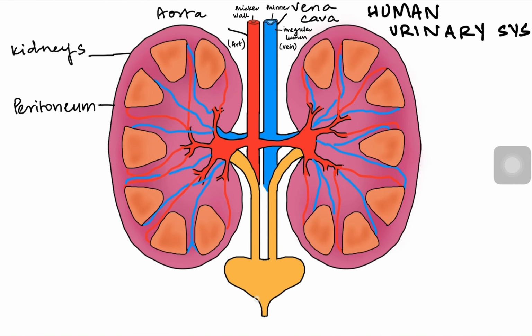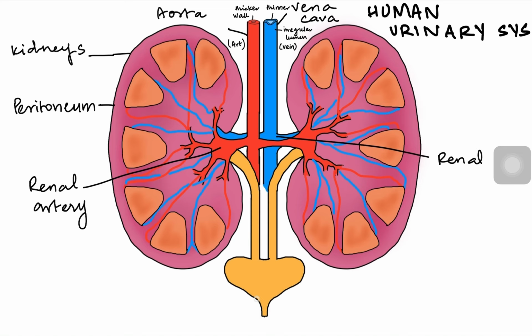So moving on, when we talk about the kidney, there is a renal artery which brings the blood from the aorta towards the kidney and towards each tissue or each region of the kidney. You can see this blue one, which is the renal vein. So renal vein brings the blood back from the kidney towards the heart.